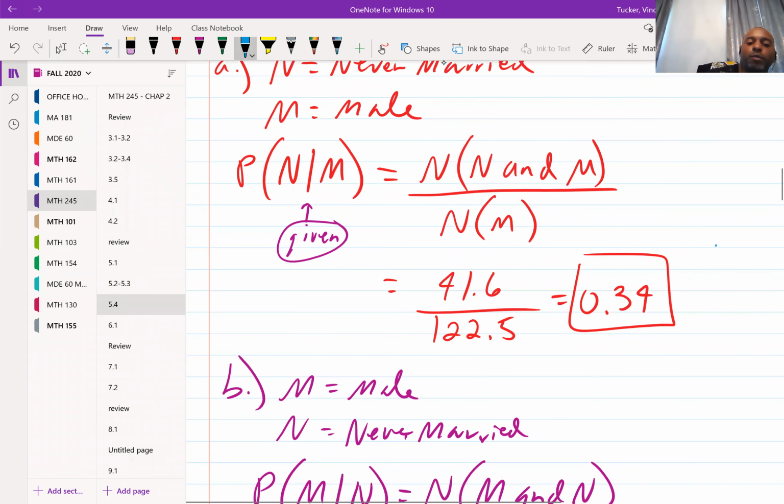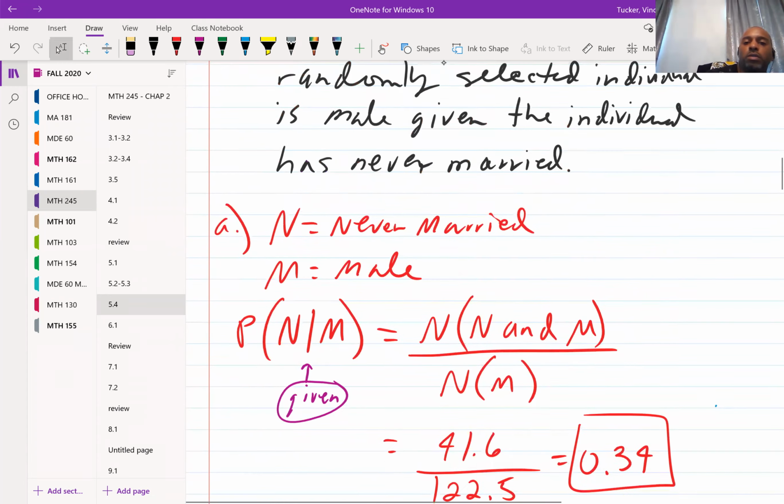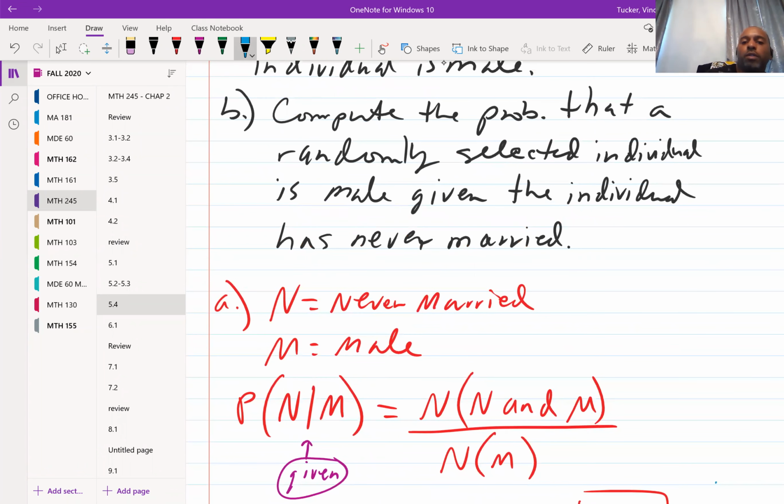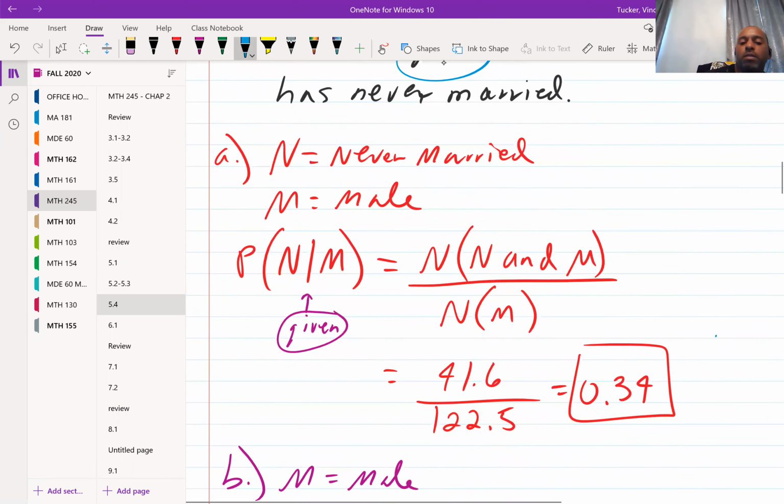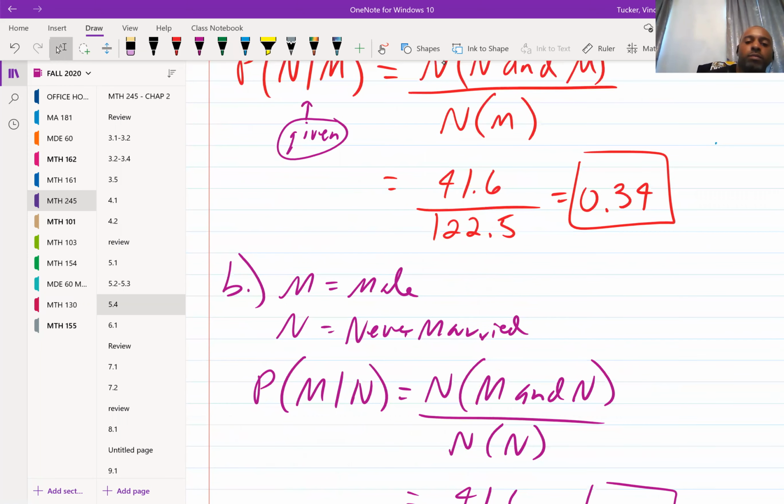All right, so for B, let's make sure we are looking for an individual as male, given the individual has never married. So this time we're flipping them. Still using M for male, N for never married. But this time it's male, given never married. So I need the number of males and never married. But then on bottom, we're looking at the number of never married in total.